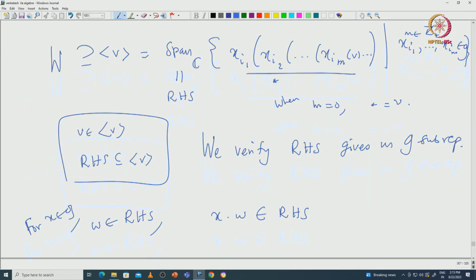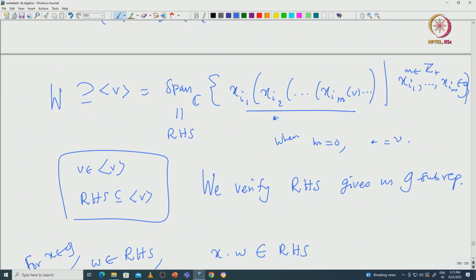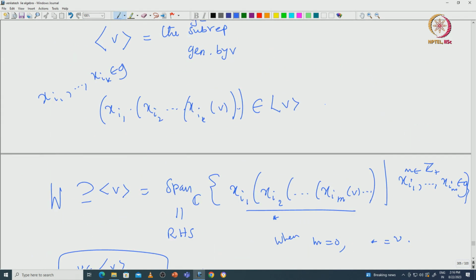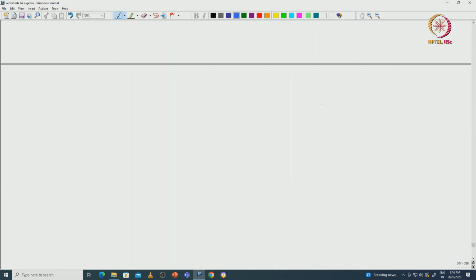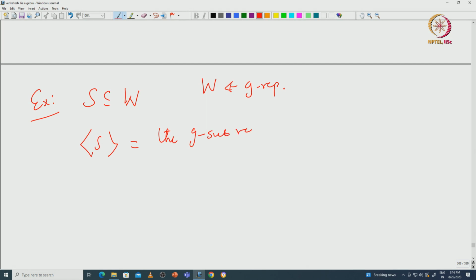So, that says that this sub-representation generated by V is nothing but span of all these elements. Okay. So, it is not hard to generalize this exercise to other subsets. For example, if you take S to be just a subset of W, where W is a given G representation, then what will be the sub-representation generated by this S?